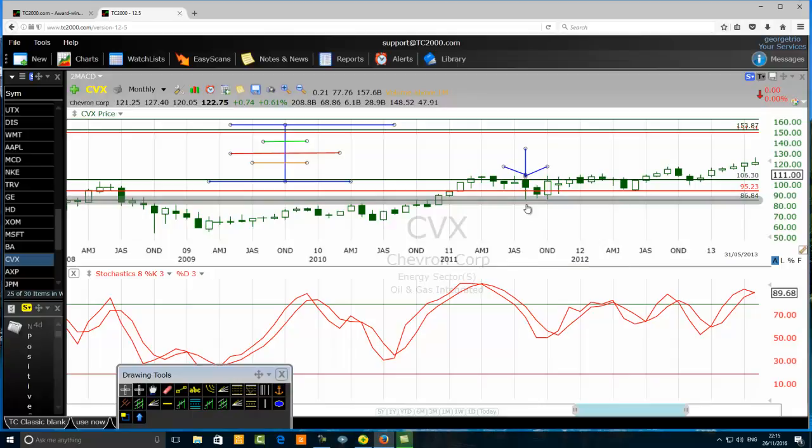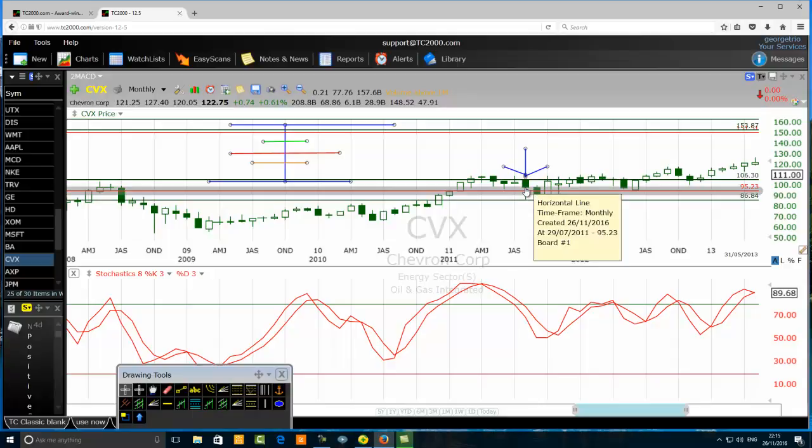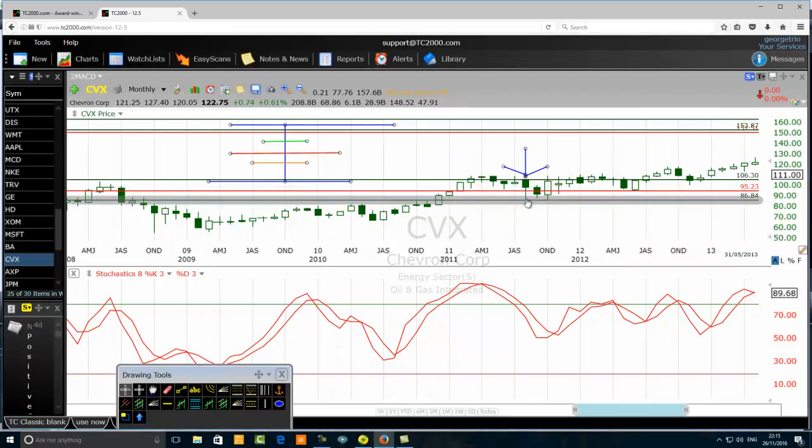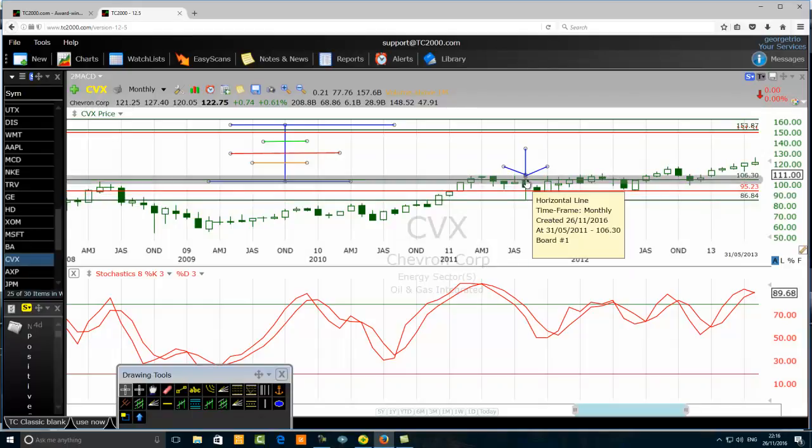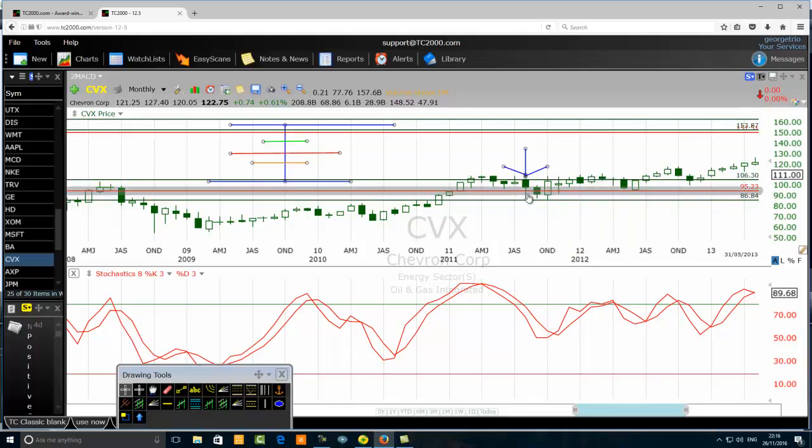Therefore, as you can see, you got a long tail. That's why we say when you see a candlestick bar with a long tail like this, and the closing price is above the median line of the range of the candlestick bar, this is a very bullish candlestick bar. It is not bearish. Why? Because the financial instrument did open here at the top, and it went all the way down here.